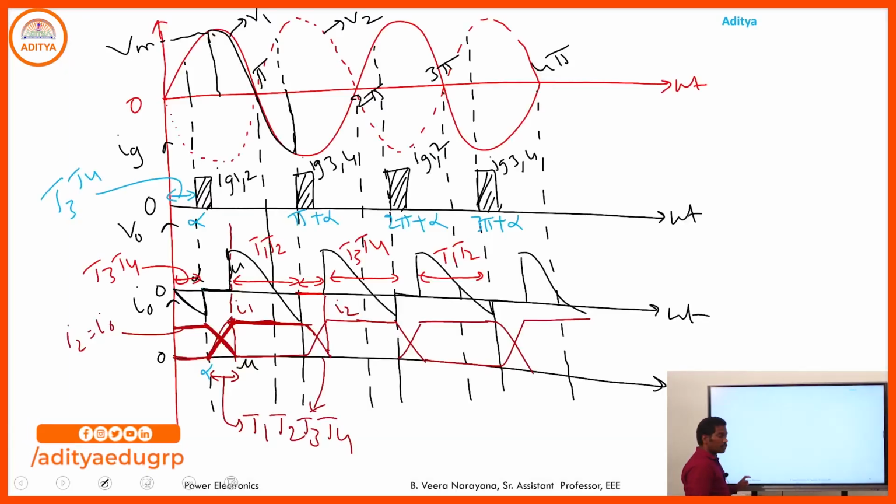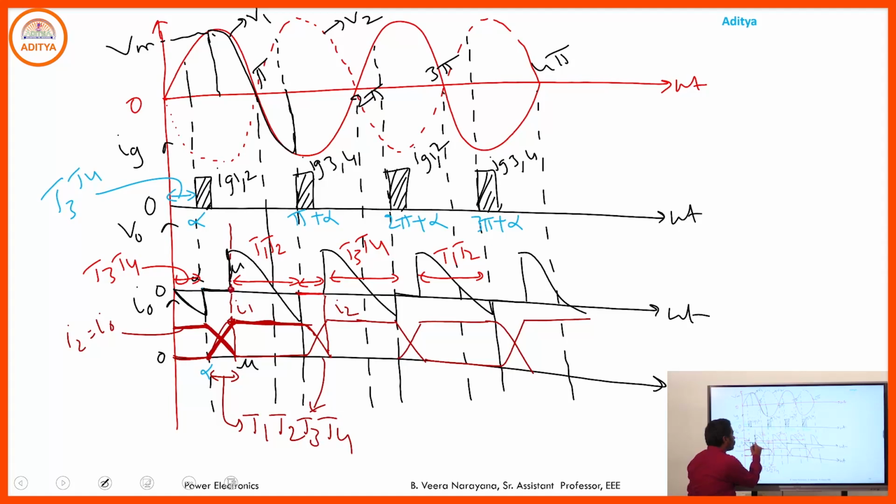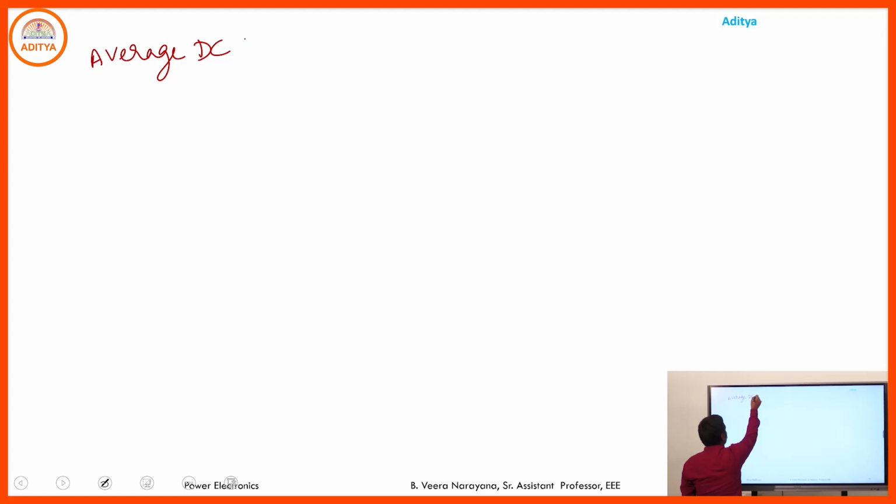If you go through this output voltage waveform, what is the average DC output voltage here? From alpha plus mu to pi plus alpha, we are getting the output voltage. Then the average DC output voltage is given by V naught is equals to, for completion of one full cycle of the source voltage, we are getting the two pulses.